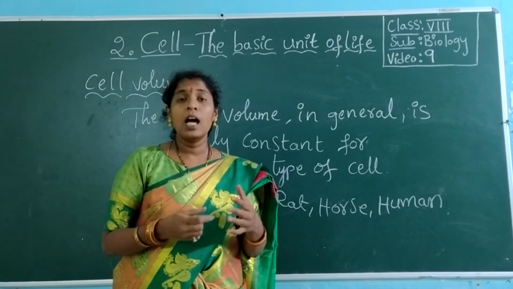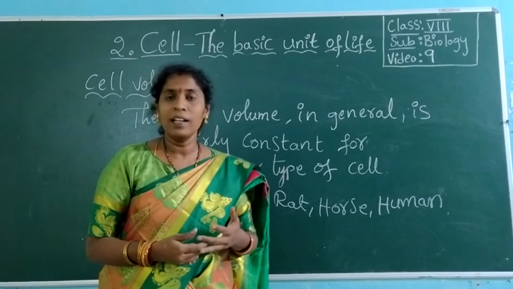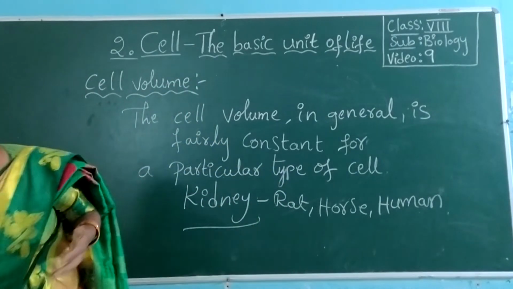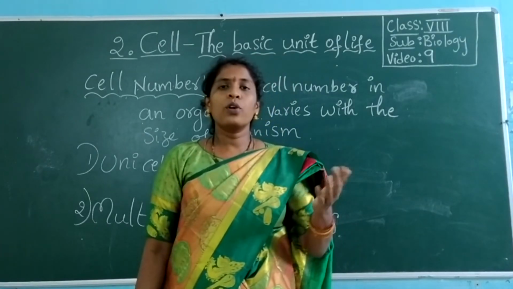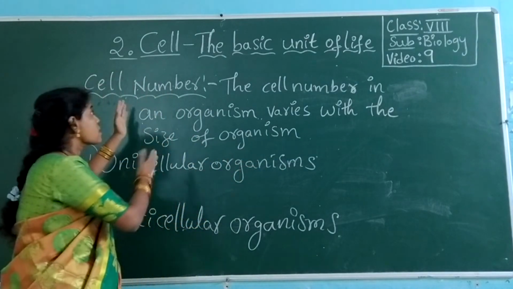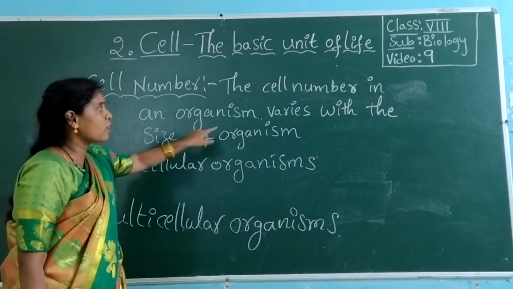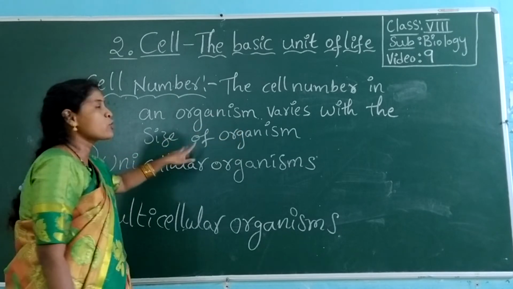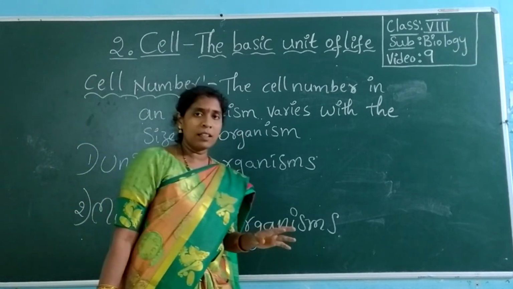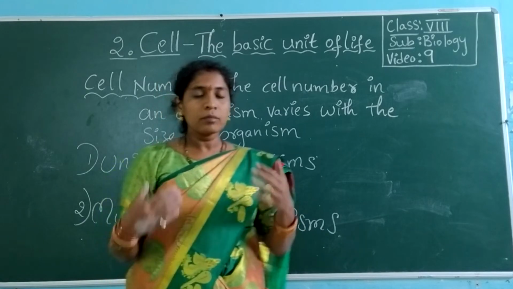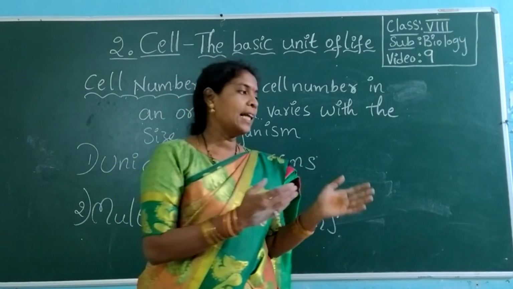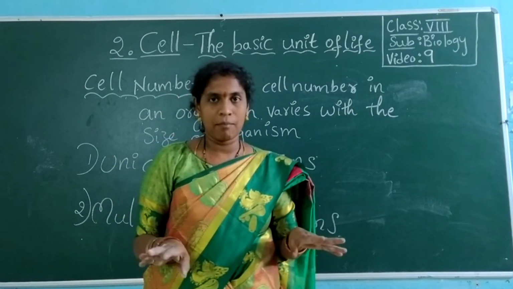So based on that, how are organisms classified? Now we look at the next, cell number. The cell number in an organism varies with the size of the organism. For example, my body and a rat body are not the same.